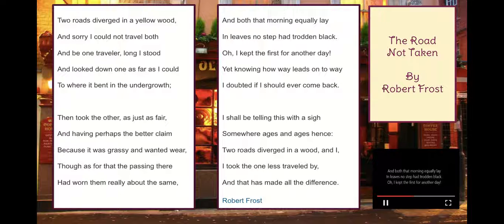And both that morning equally lay in leaves, no step had trodden black. Oh, I kept the first for another day, yet knowing how way leads on to way, I doubted if I should ever come back. I shall be telling this with a sigh somewhere, ages and ages hence. Two roads diverged in a wood, and I took the one less traveled by, and that has made all the difference.